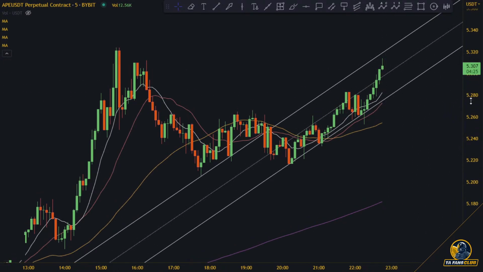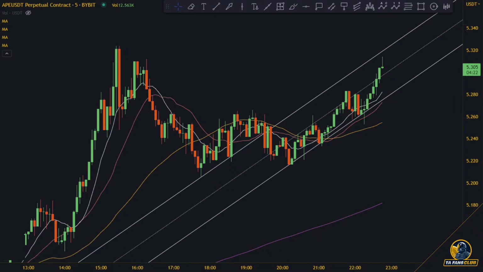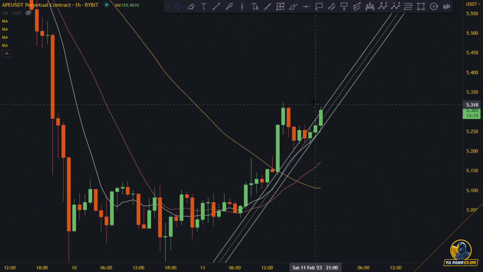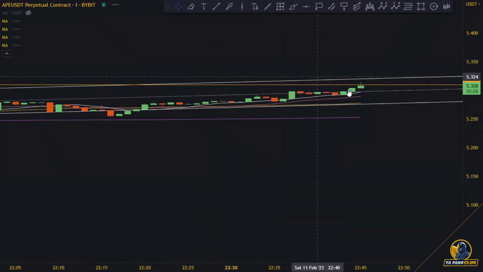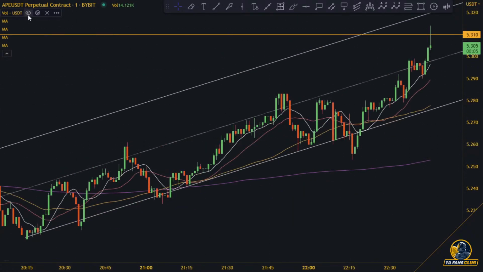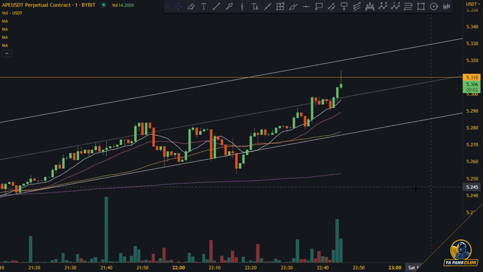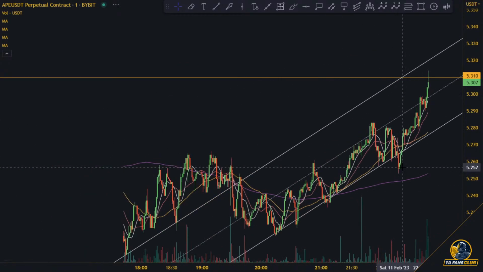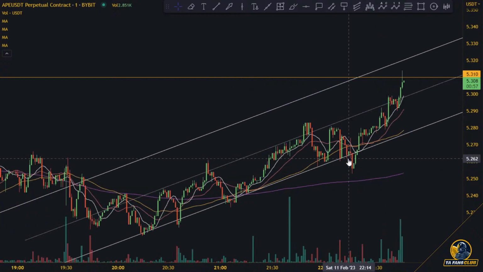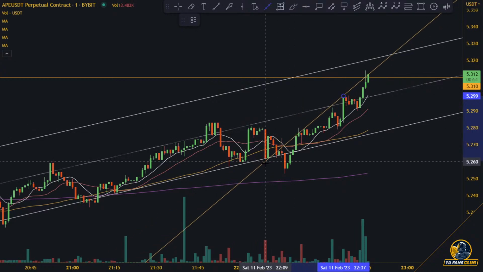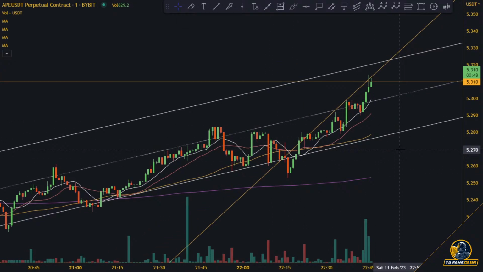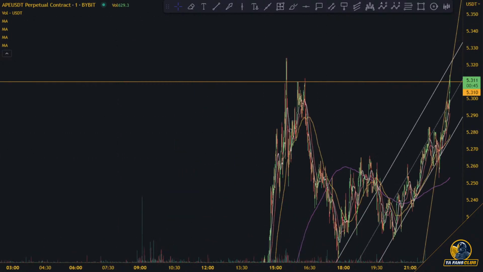Shall we short here at the top again? How often can we short? Double top, right? Shall we short the double top? Huge cup, APE, 1 hour.